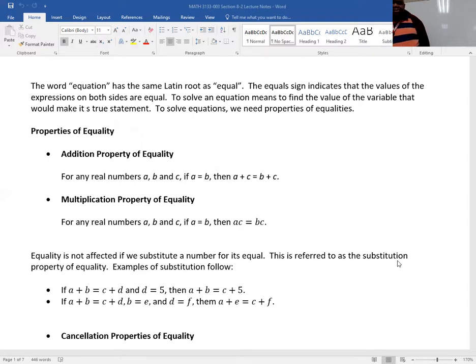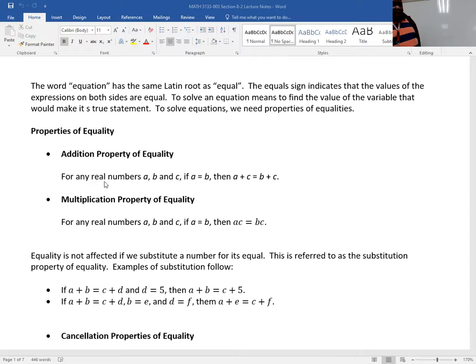So when we solve an equation, you're trying to find the value of that variable that would make it a true statement. So to solve equations, we need these properties here. One for addition, and the other one is for multiplication.